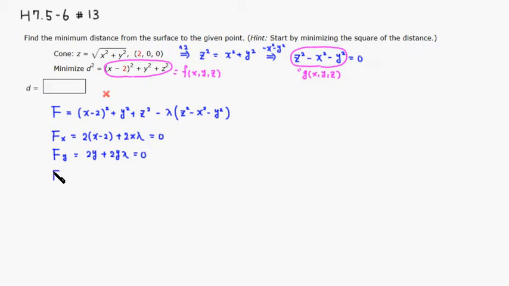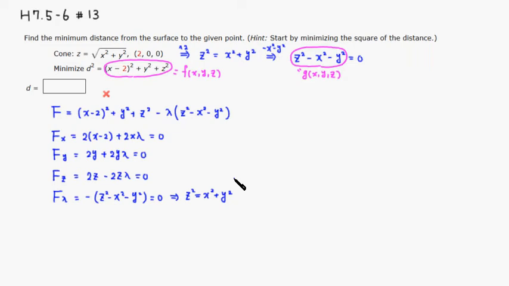The partial with respect to z is 2z minus 2z lambda equals 0. The partial with respect to lambda is negative (z squared minus x squared minus y squared) equals 0, which is the same as the given constraint, so I'll write it as z squared equals x squared plus y squared.